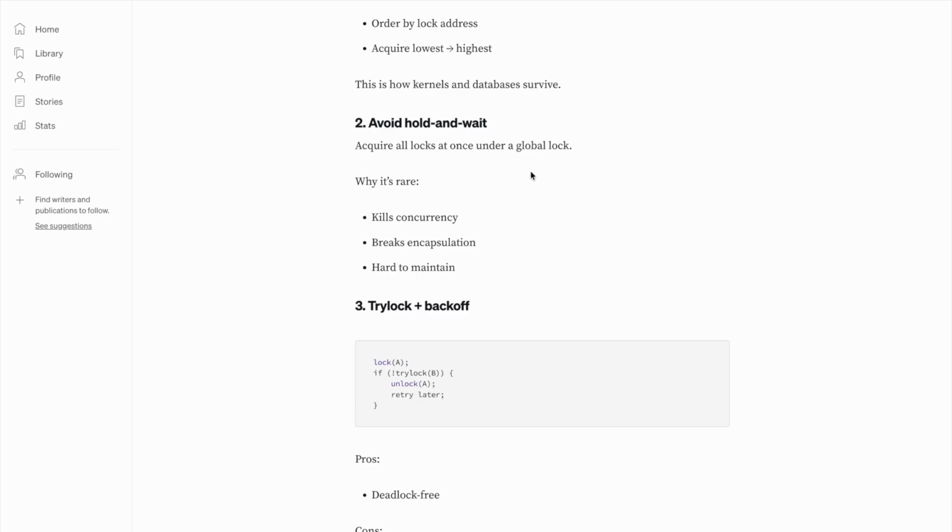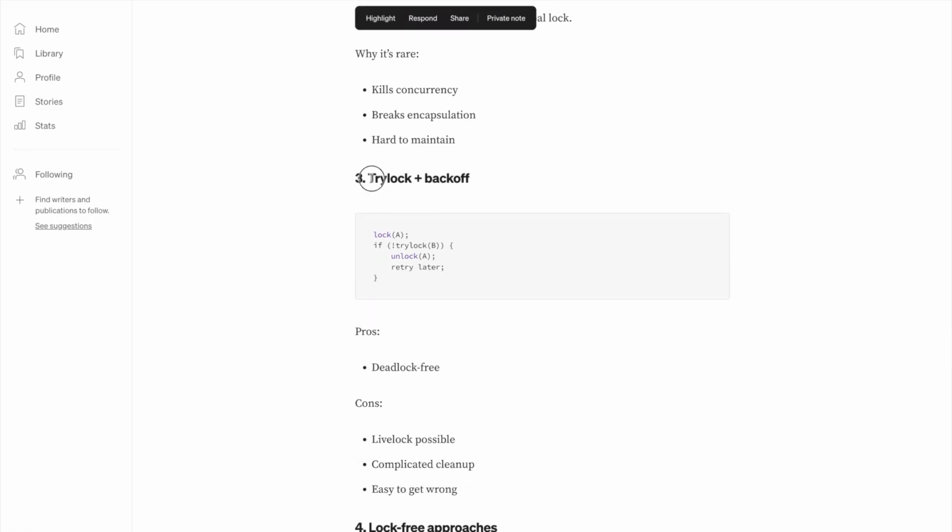Also, you should avoid hold and wait. Acquire all locks at once under a global lock. You should never do hold and wait, because it kills concurrency, breaks encapsulation, and is very hard to maintain. So you should always avoid this. Then the third approach is try-lock plus back-off.